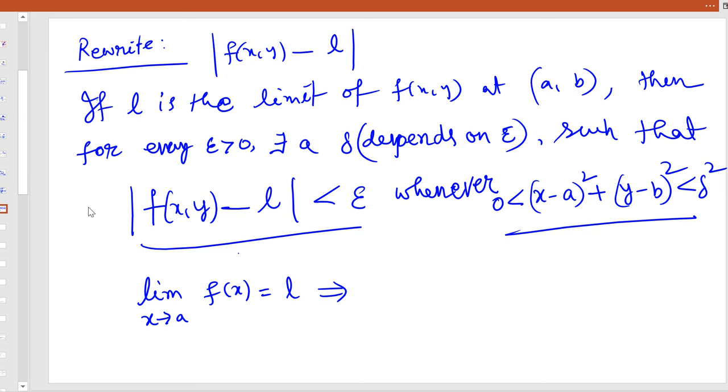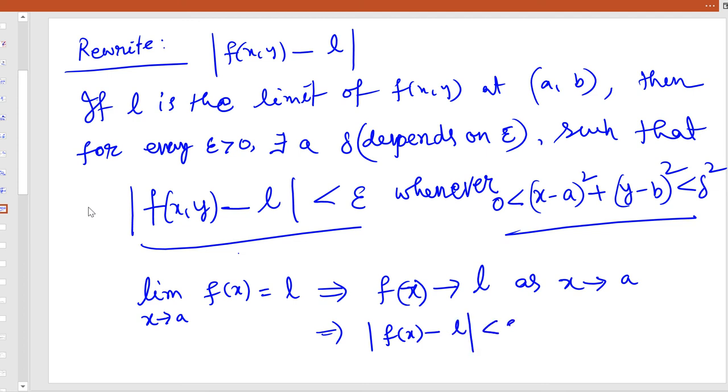Here the meaning was f of x goes to L as x goes to a. That means the difference between f of x and L was less than epsilon whenever the difference x minus a is less than delta.